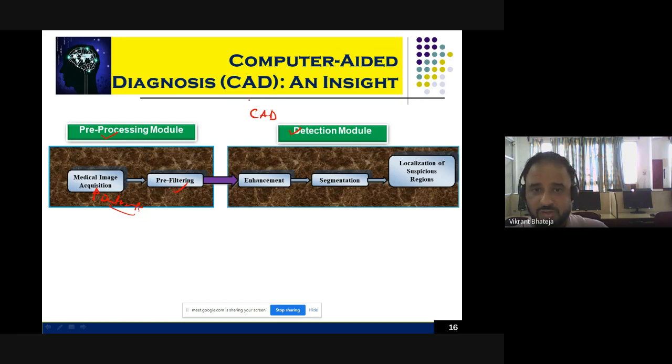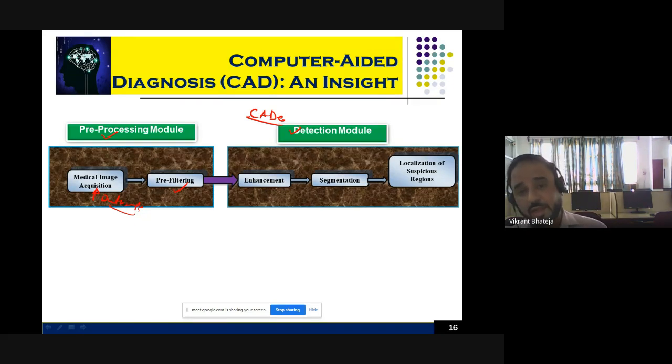To differentiate this term from computer aided diagnosis, we denote it by CADe. At this stage, you are enhancing your image, segmenting your region of interest, and the suspicious regions are marked or highlighted by the system. That is what we get at the end of computer aided detection.